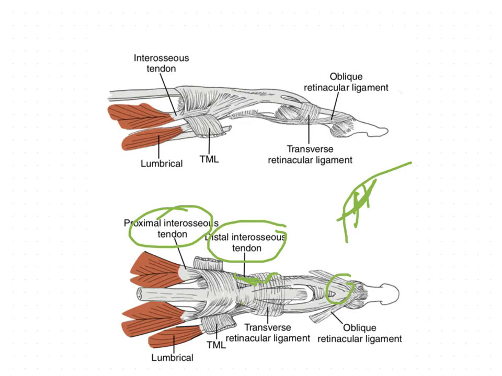Okay, so the transverse metacarpal ligament not only prevents the distal interossei from becoming slack through volar migration, but it has a pulley effect on the distal interossei.